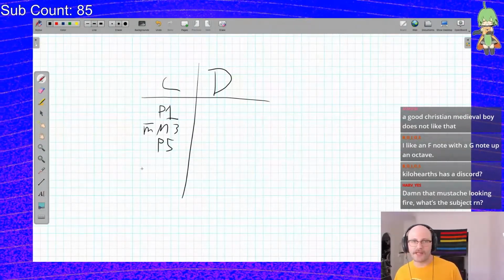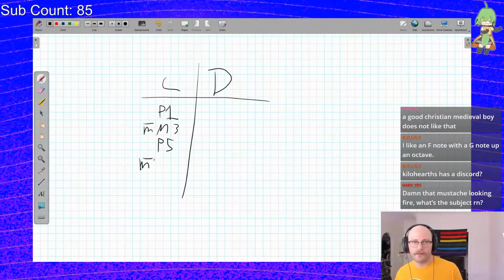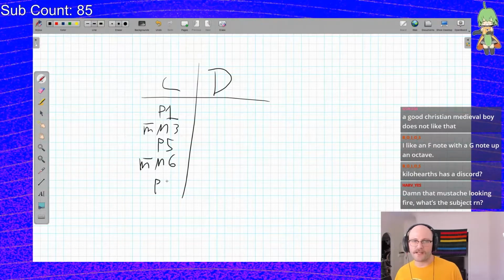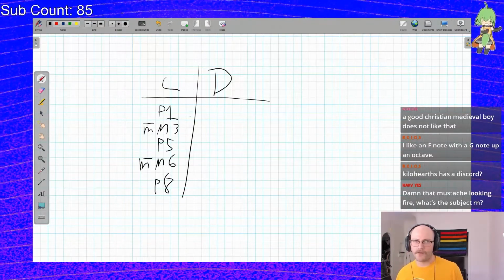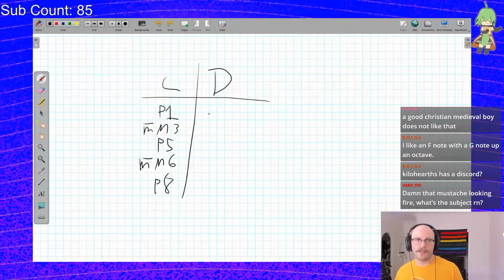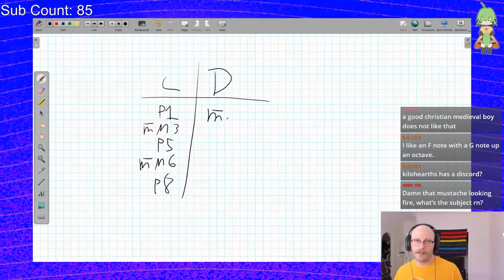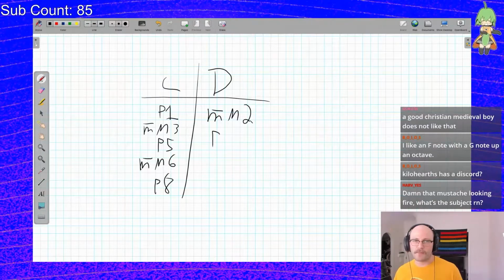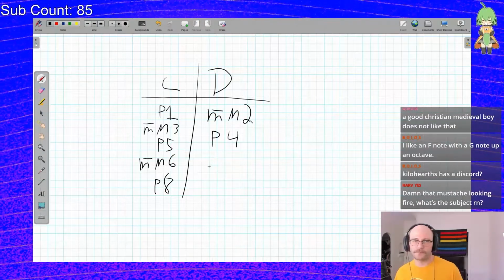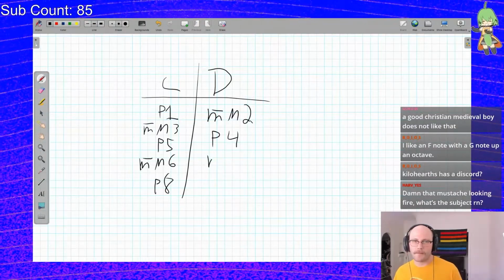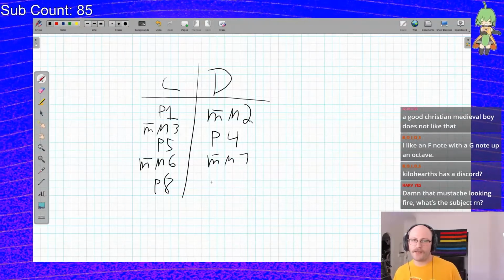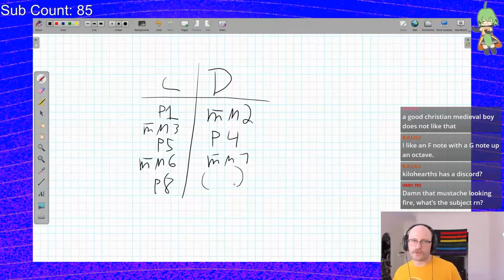We have the minor and major sixths. And we have the perfect octave. On the dissonant realm, we have the minor and major seconds. We have the perfect fourth. We have the minor and major sevenths. And we have this kind of illusory tritone.